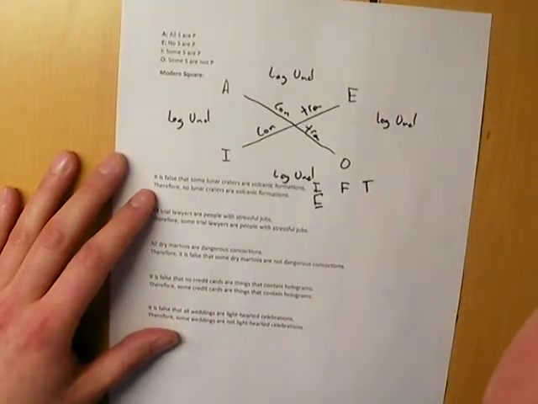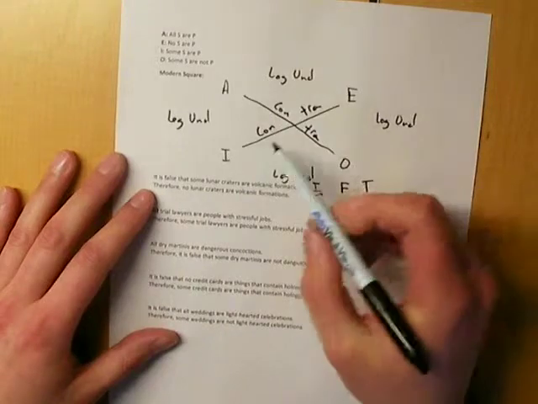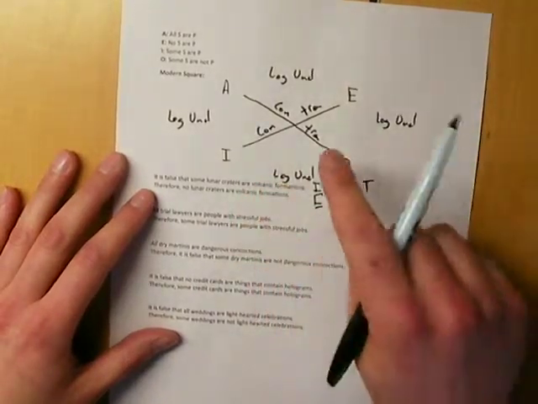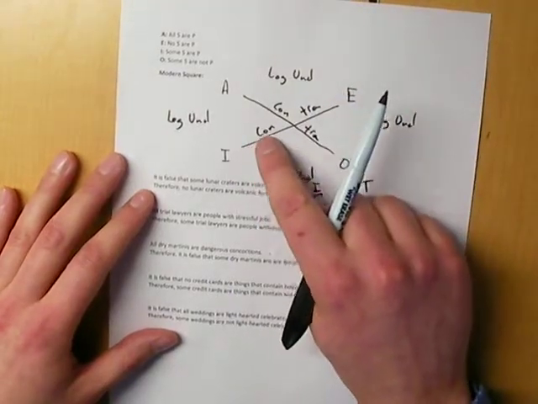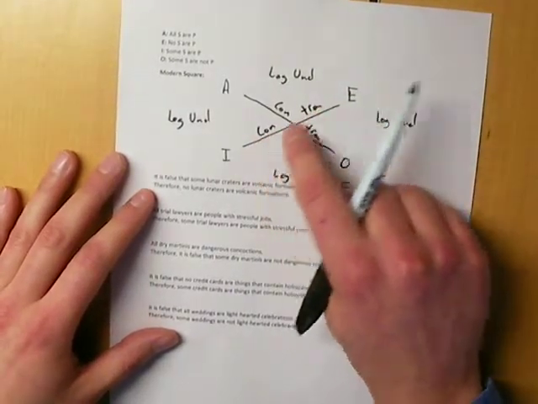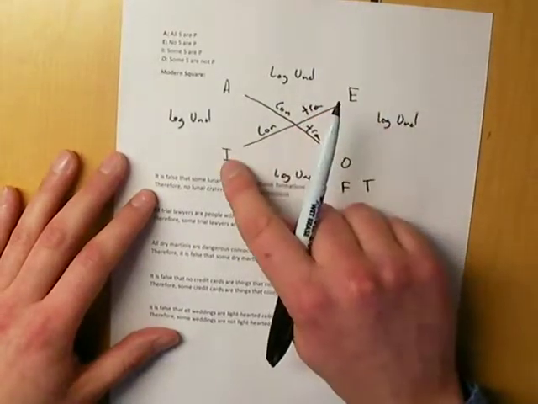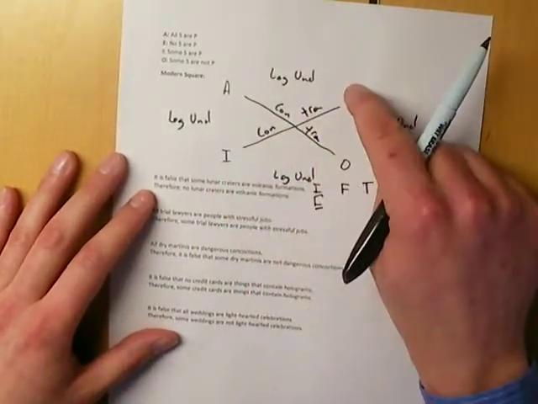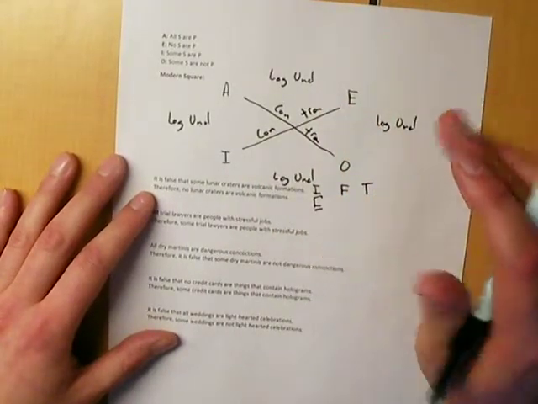So let's look at the relationship between I and E, our premise and our conclusion. According to the modern square, we're moving from I to E. And the relationship, if you can read my chicken scratches, if not, take a look at the printed copy in the text, obviously, is contradictory, meaning that they must have opposite truth values.